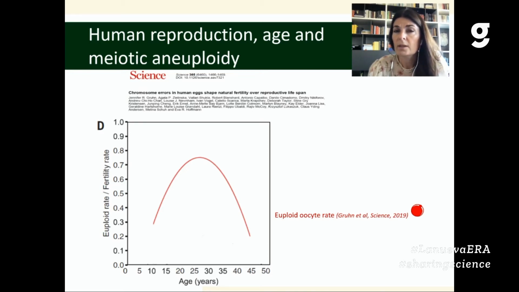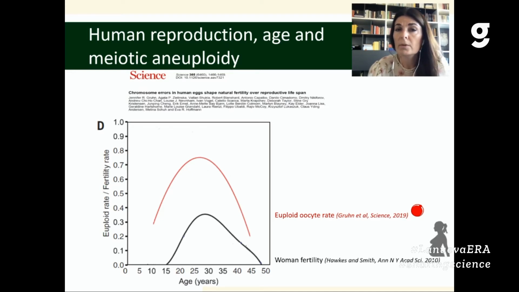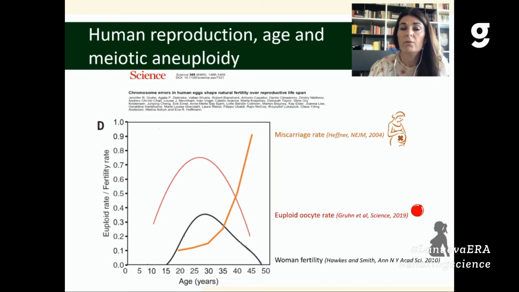You can understand it when you study oocytes or embryos, but also if you look at women's fertility, and also if you look at the miscarriage rate according to female age. The miscarriage rate increases so fast with advanced maternal age because the embryo has a higher risk of being a carrier of a chromosomal copy number abnormality.